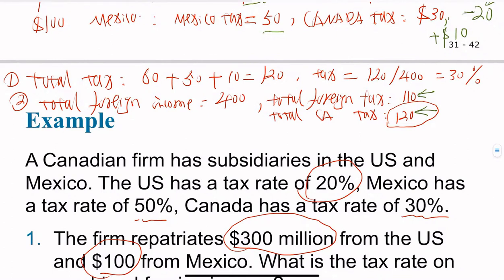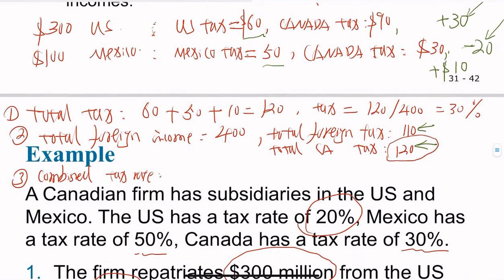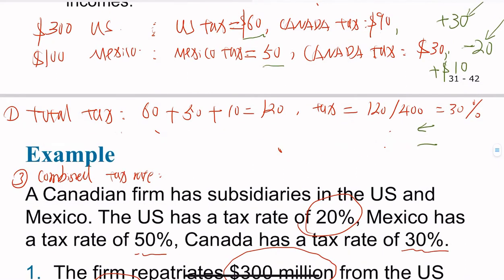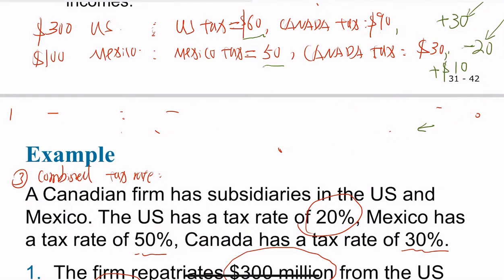We can actually check the combined tax rate. Let me remove these extra lines. So we can calculate the combined tax rate.